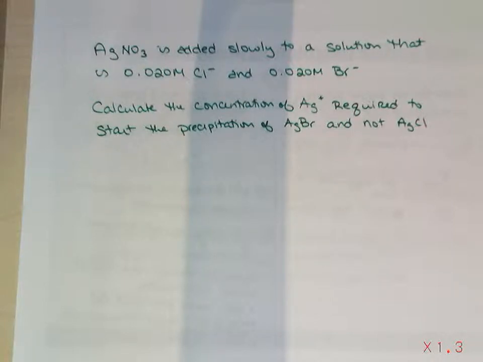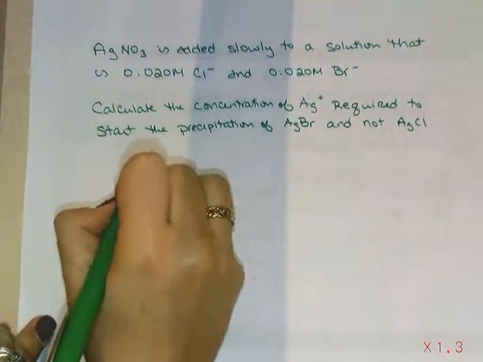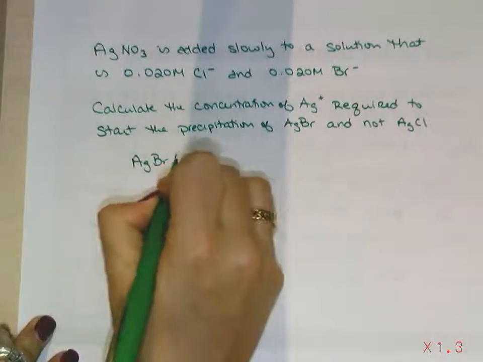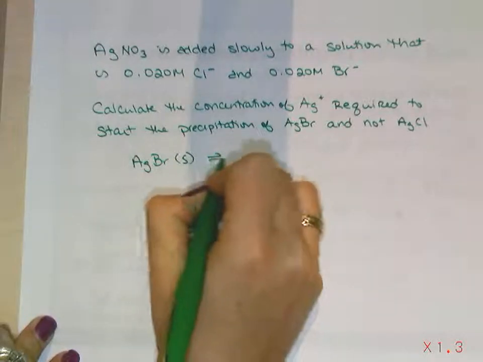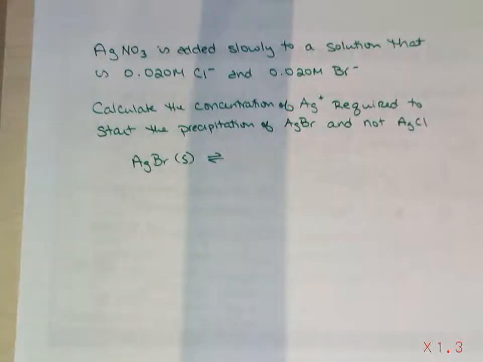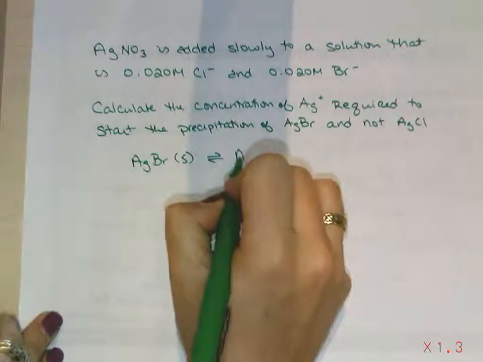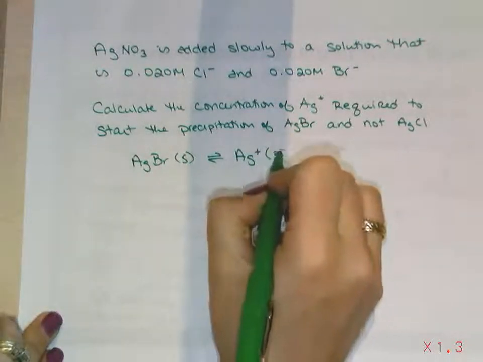So first thing we're going to do is look at the balanced chemical equations for both. Then we'll look at the KSPs, and then we'll start making some predictions. All right, so let's take a look at what two ions does silver bromide turn into? Just checking, making sure everybody's still conscious.